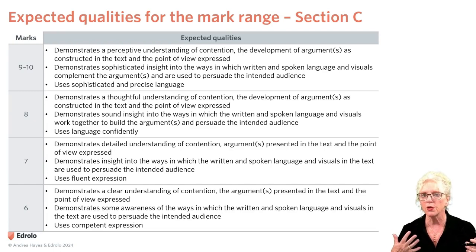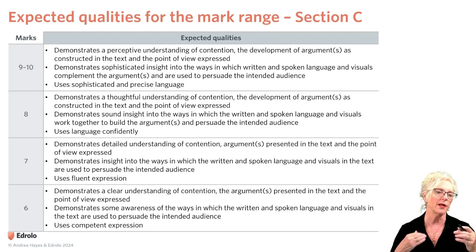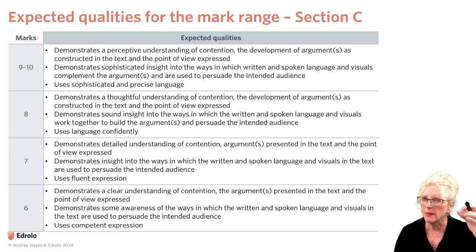So your first impressions of a student's work, you're thinking, okay, within the range of 0 to 10, is it high, is it medium, or is it low? Then you further refine and you look, okay, if it's high, is it really high, or is it sort of just on the cusp? If it's medium, is it a high medium or is it a low medium? And this is how the assessors work through the pieces.